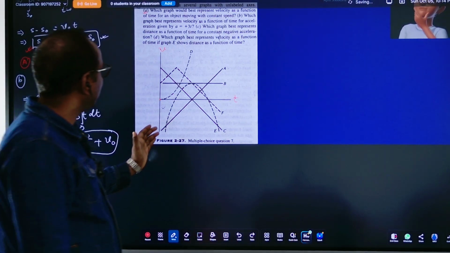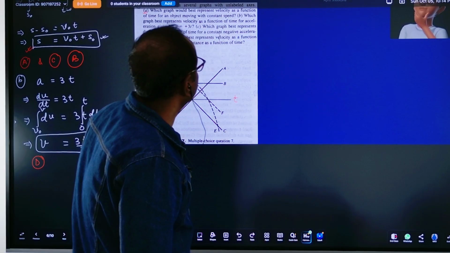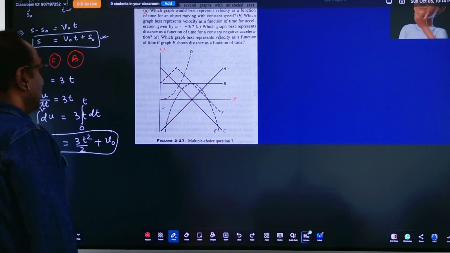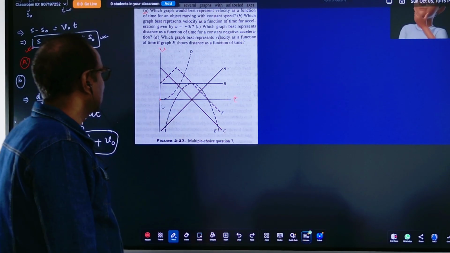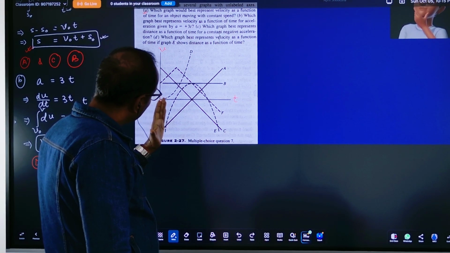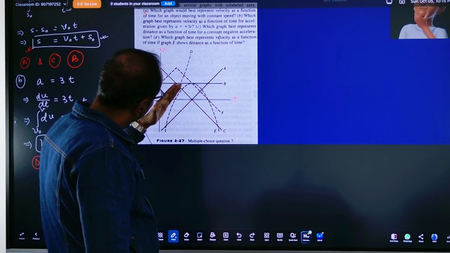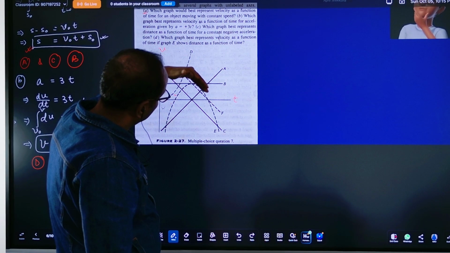Now the second parabola is here. The graph is in V and T. So in this parabola what is happening? Slope is gradually decreasing, decreasing, decreasing. Here it becomes 0 and then it becomes negative.